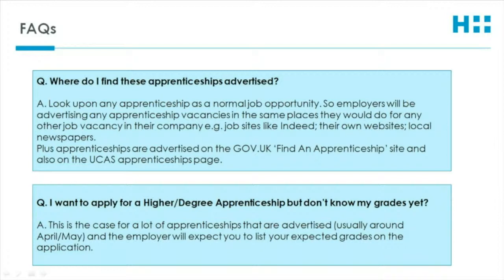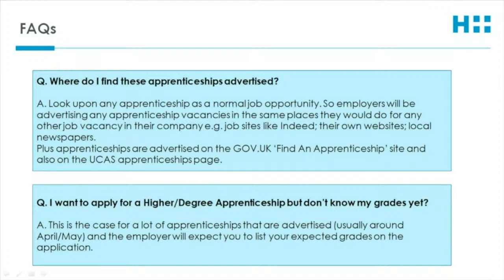Where do I find these apprenticeships advertised? So look upon any apprenticeship as a normal job opportunity. Employers generally will be advertising any apprenticeship vacancies in the same places that they would normally for any other job vacancy in their company.